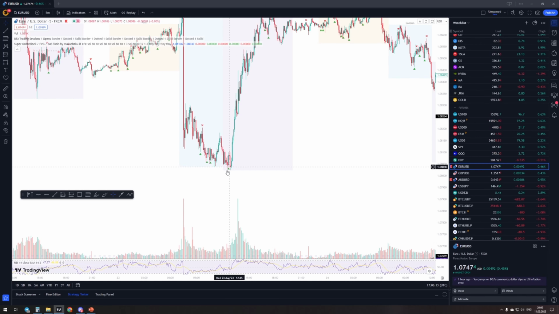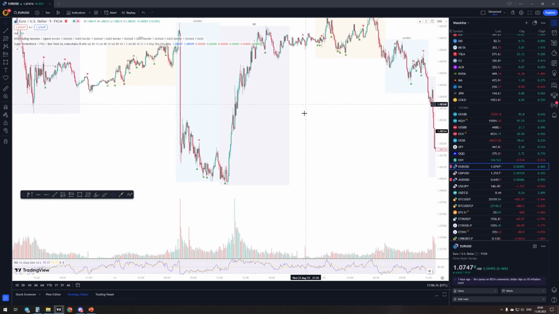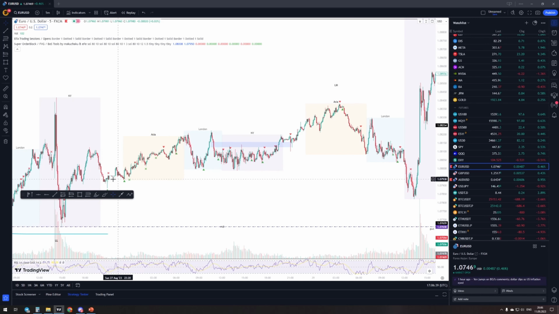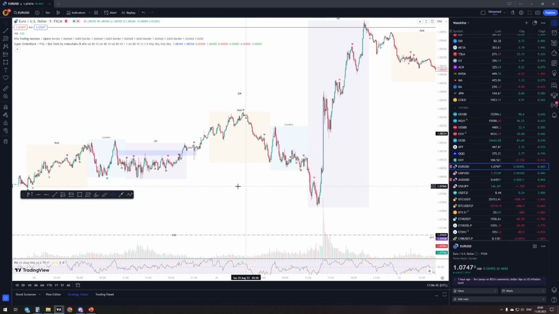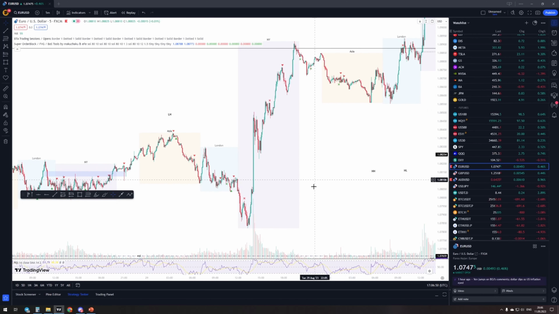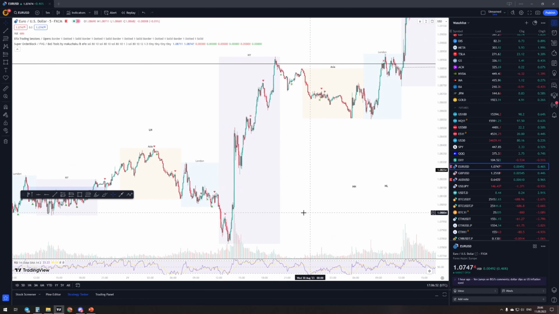And I usually wait for the second manipulation and then go in. As you can notice, we have some manipulations during London and at the beginning of New York session, but usually in the Asian session and the second part of the New York session we have just consolidation, but the main movement we'll have in London or at the beginning of the New York session.